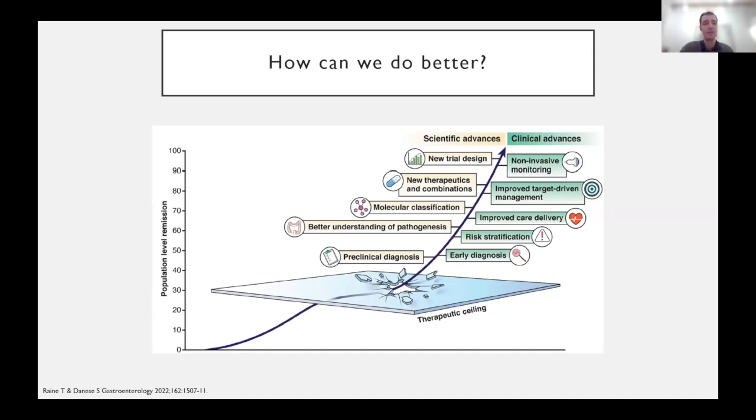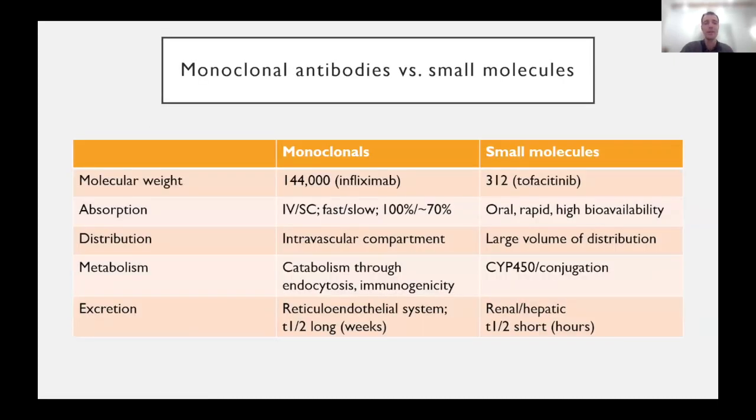For the purposes of this introductory talk, we'll just have a quick look at how pharmacometrics and therapeutic drug monitoring could help us in certain situations with inflammatory bowel disease.